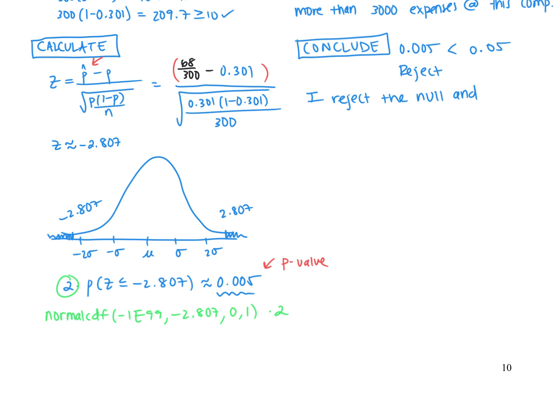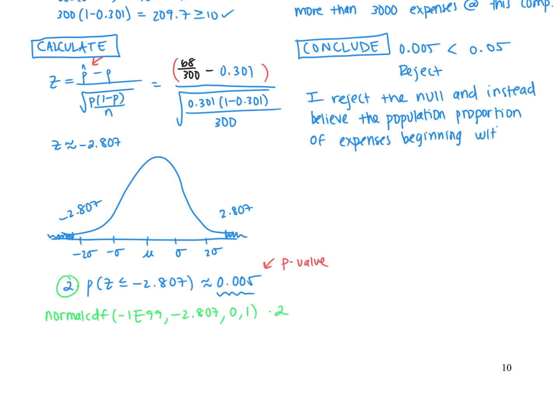So I reject the null and instead believe the population proportion of expenses beginning with 1 is different from 0.301. That's just the alternative in words. So what we said in simple terms is we reject the null and we believe the alternative.